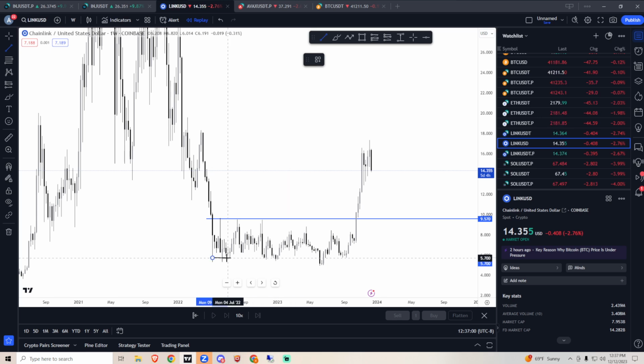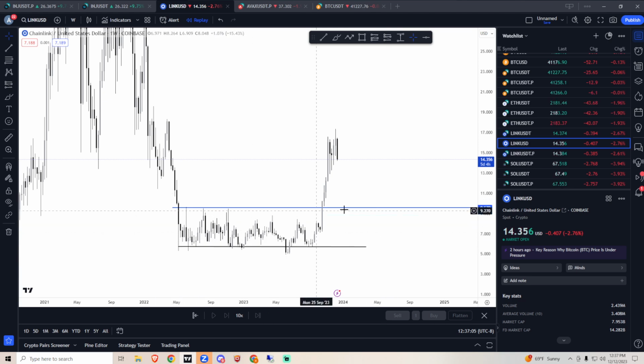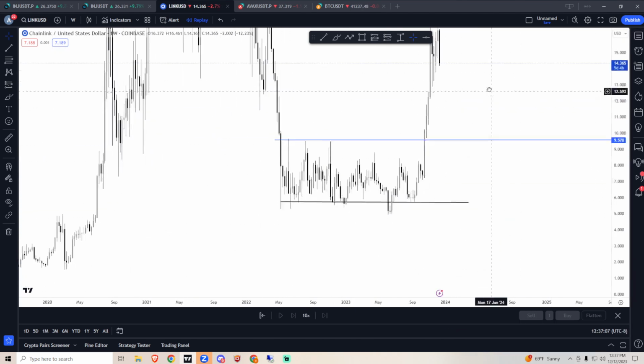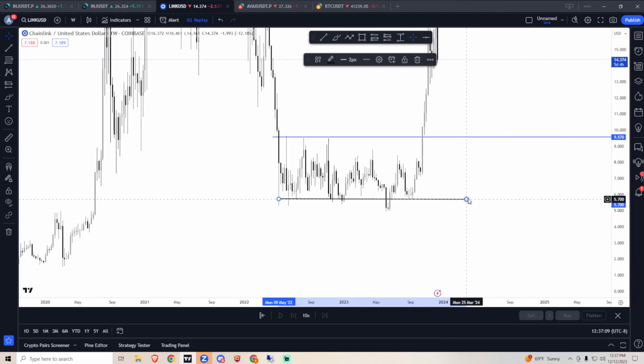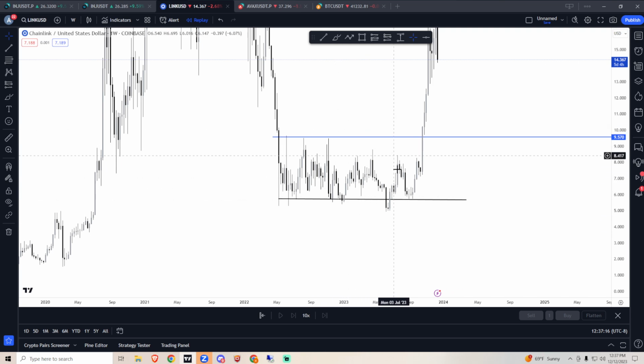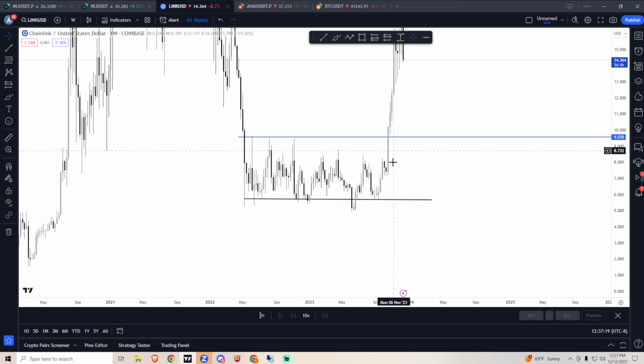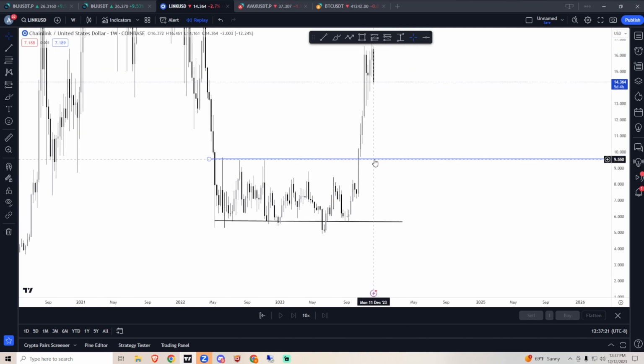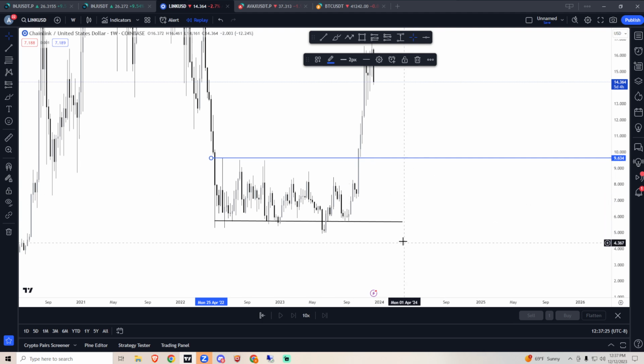Here is your range lows. Right? Clean range. Imagine this is straight. Right? Range lows. Over and over again. Deviation. Reclaimed it. Went higher. This one never had a successful retest of previous range highs. Got close, but it didn't.